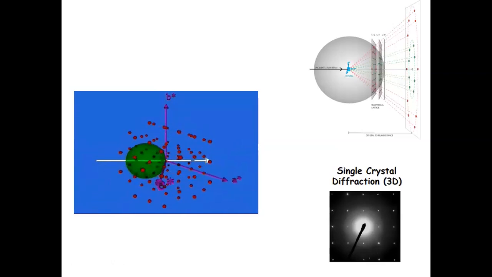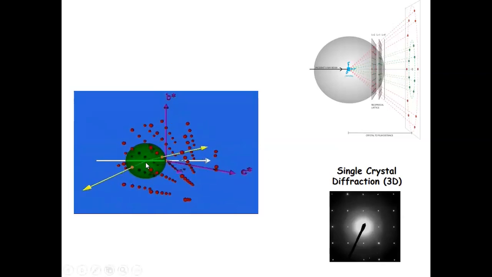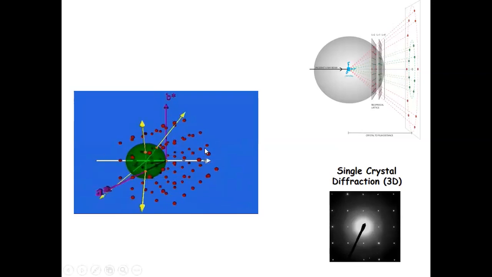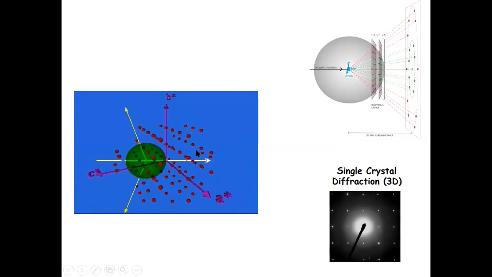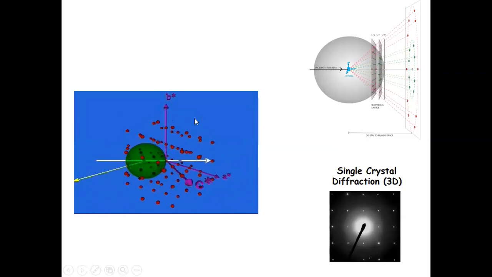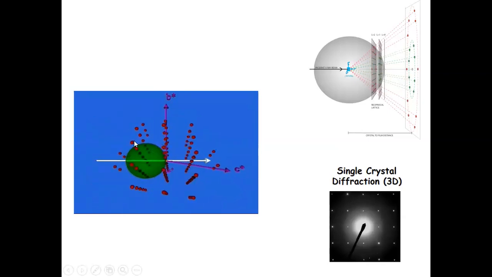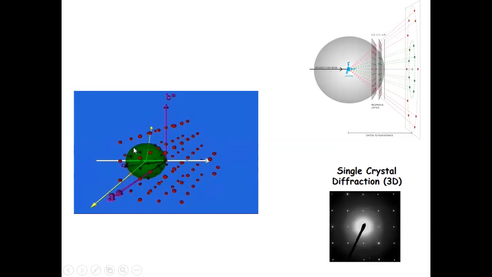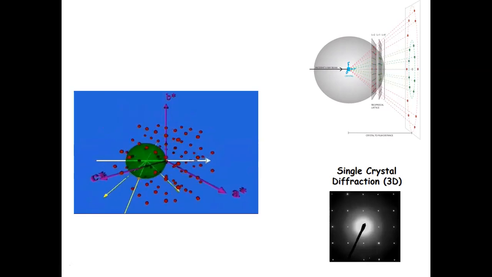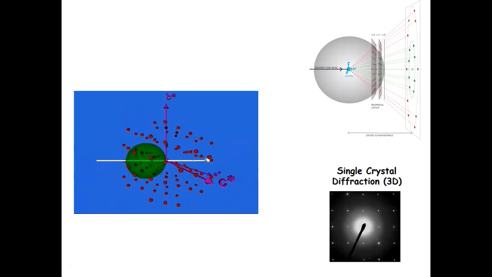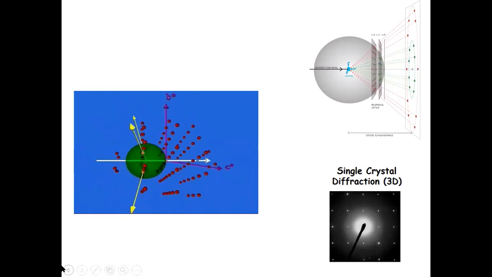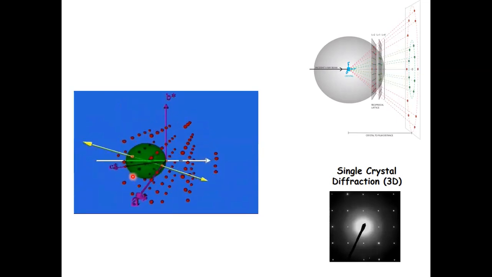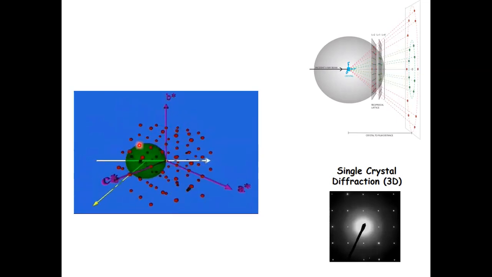Now, as we move our crystal planes in the real space, as we rotate our crystal, we will also rotate our reciprocal space. Okay? And whenever a point in the reciprocal space lies on the surface of an Ewald sphere, then we will observe a reflection indicated by these yellow arrows here.